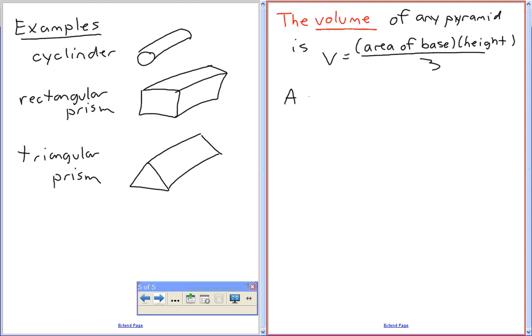A pyramid is a 3D figure that goes to a point at one end.